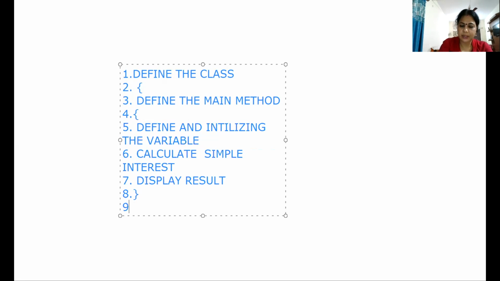Then 9, again close the curly braces. This is the steps you have to do. Okay. Now next I will write it on the screen, how to write the program in Java.